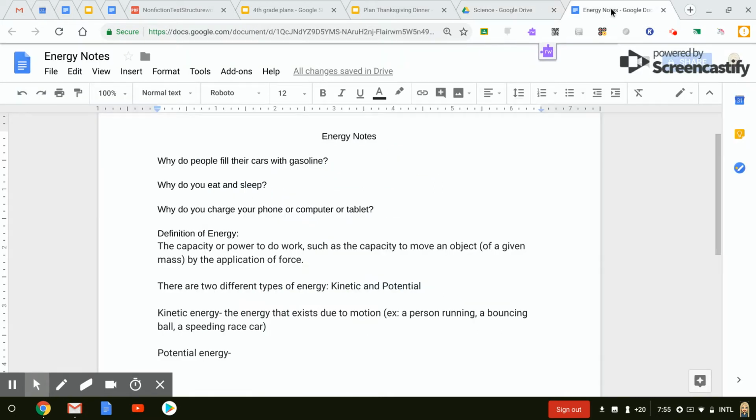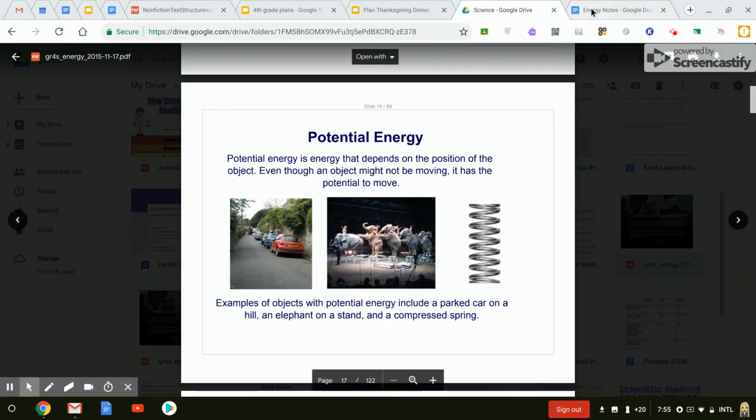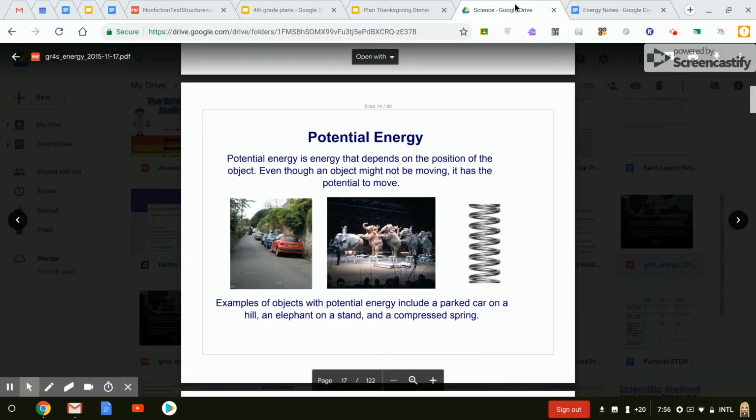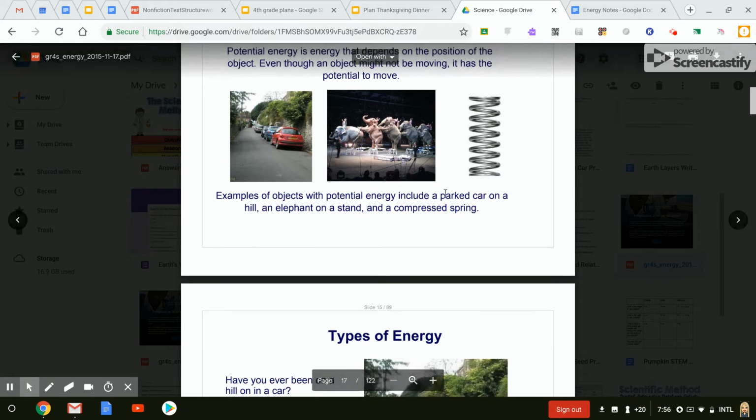So the energy that depends on the position of the object, even though an object might not be moving, it has the potential for movement. And examples might include a parked car on a hill, an elephant on a stand, and a compressed spring.